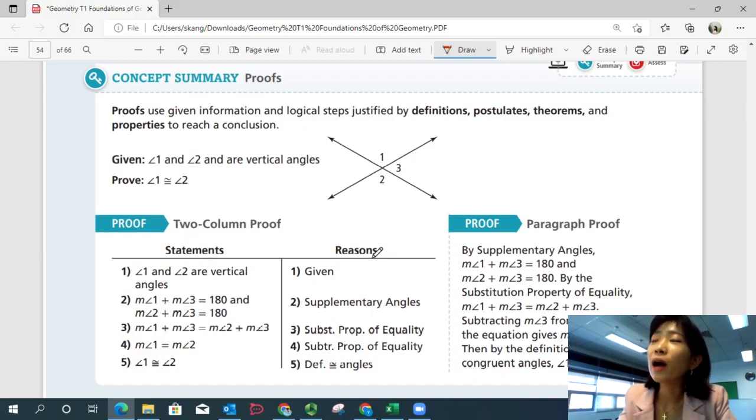Even if you don't have a reason section in a paragraph proof, you do have to reason out why. So you're going to use a lot of sentences that start with by some theorem, by some postulate, or by this given information.